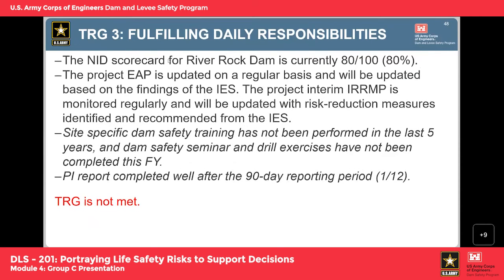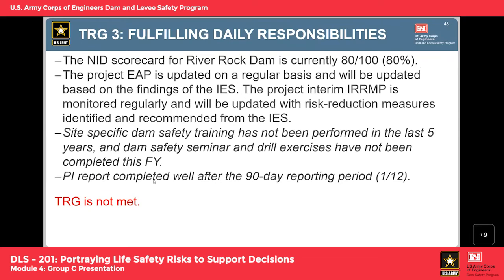Fulfilling daily responsibilities. The NID scorecard for the Rock River Dam is 80 out of 100, which is fairly good. For some people it's a B, some people it's a C+. The EAP has been updated on a regular basis, but it needs to be updated based on the IES. But the site-specific safety training has not been performed in the last 5 years, and they haven't been keeping up with the consistent dam safety seminars and exercises.